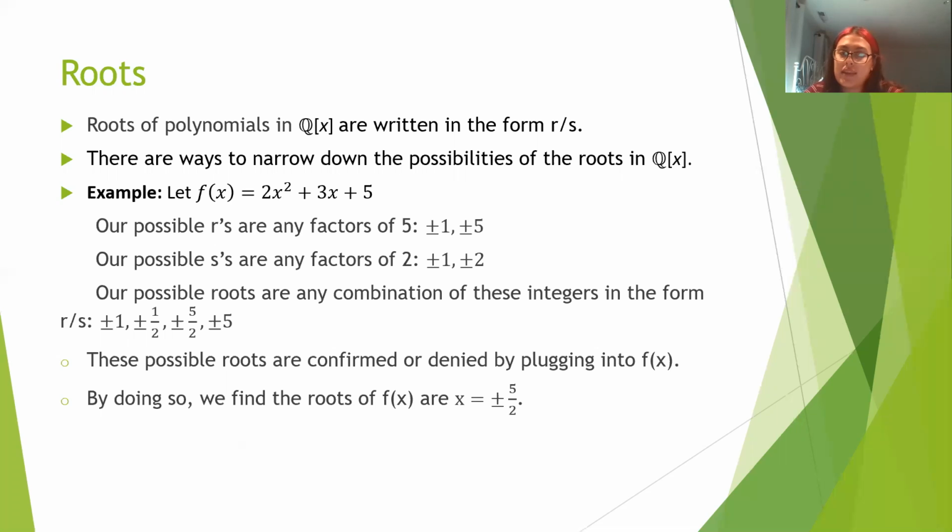And any of the possible s's, or the denominators, are the factors of 2, so plus or minus 1 or plus or minus 2. Now, our possible roots are any combination of these integers in the form r over s. So our only options are plus or minus 1, plus or minus a half, plus or minus 5 halves, and plus or minus 5.